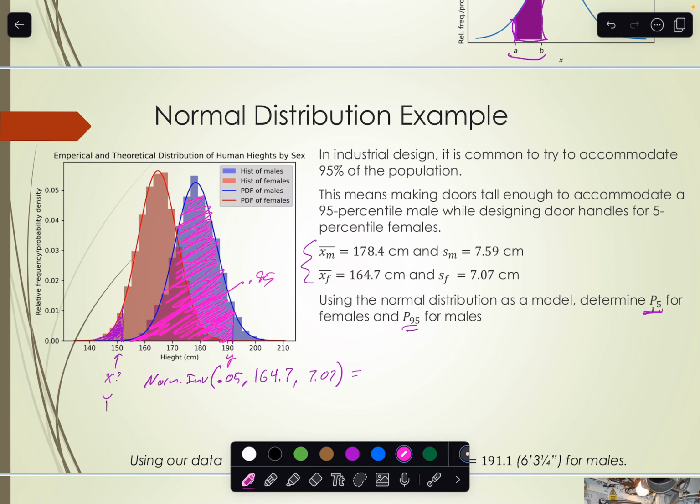And so since that's the area I want to investigate, I'm going to go ahead and use NORM.INV for 0.95. Since this is for males, 184, comma 7.59. Now I go to Excel and type those in.